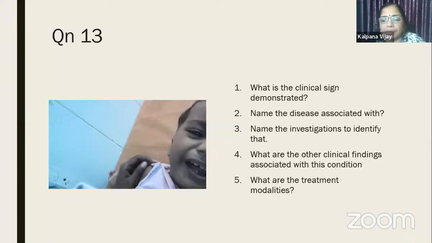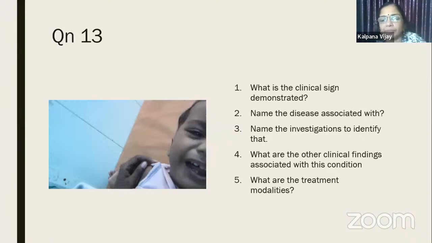So opsoclonus, myoclonus, ataxia. Name the investigations for the disease, that is for the neuroblastoma. What are the investigations that you will do? So we will do an ultrasonogram of the abdomen, but many a time it can be in the thoracic region.